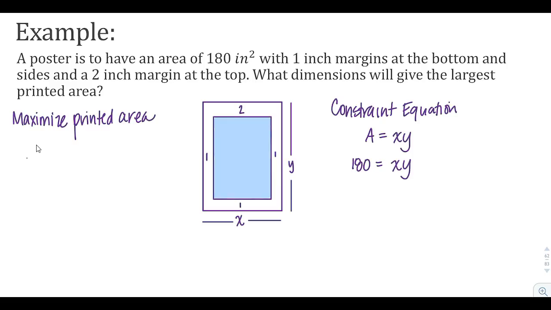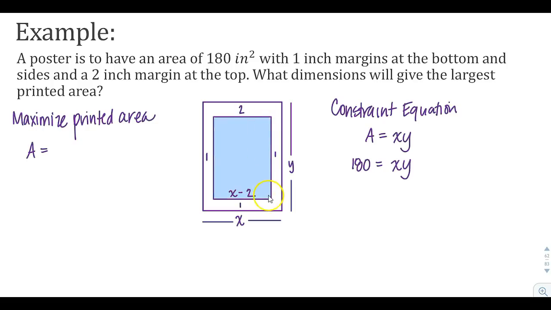I'm going to call this function A, and I need to go ahead and find the base and the height to find the area. So the base of this inside shaded region here, well, if the whole entire base is x, and I'm going ahead and taking away 1 inch from the left side and 1 inch from the right side, this inside part would be x minus 2.